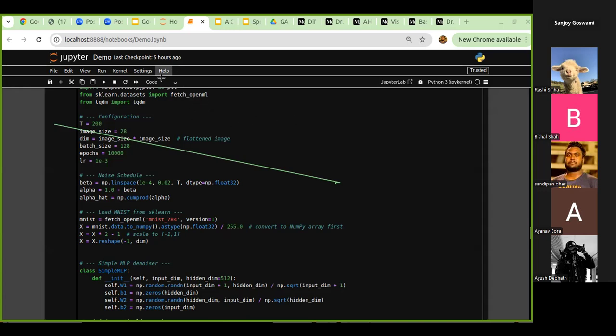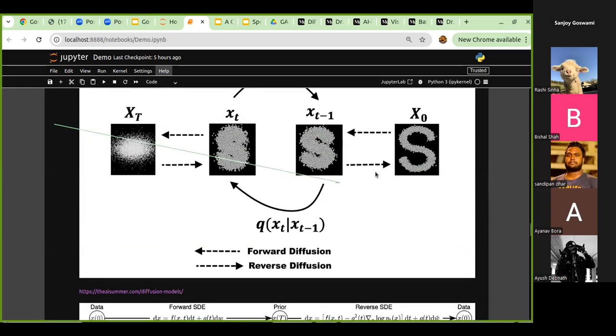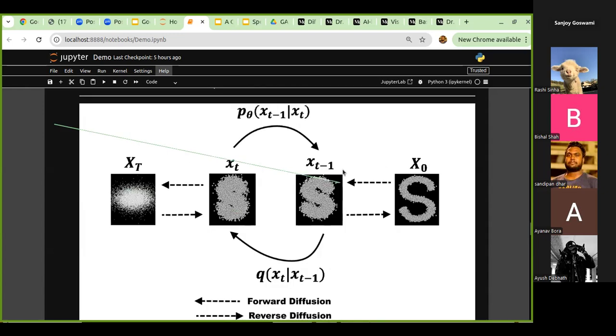So in diffusion, we basically try to add noise and get the t plus 1, the next noisy representation of the input.